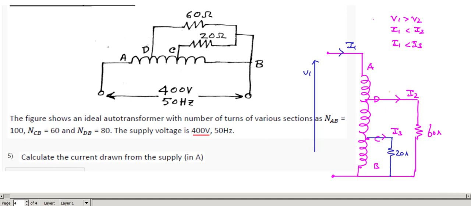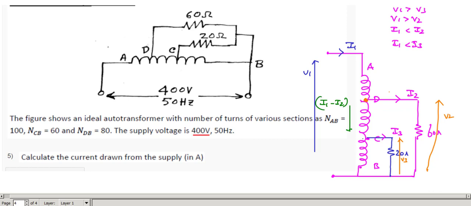So I have voltage, let V1 be greater than V3. Let's see here, this is V2 and this is V3. You know that concept very well. From this, let us apply KCL at this point D. I will get current I1 minus I2 here.